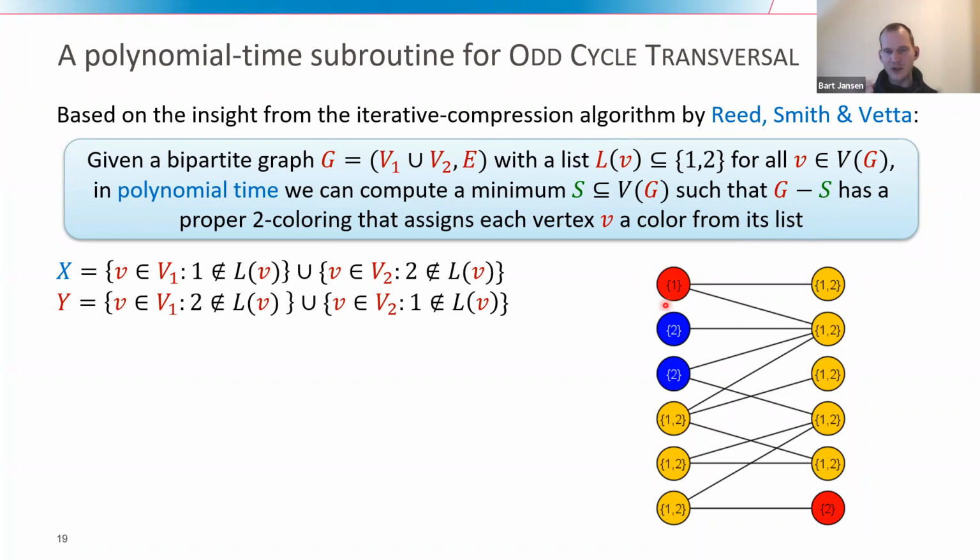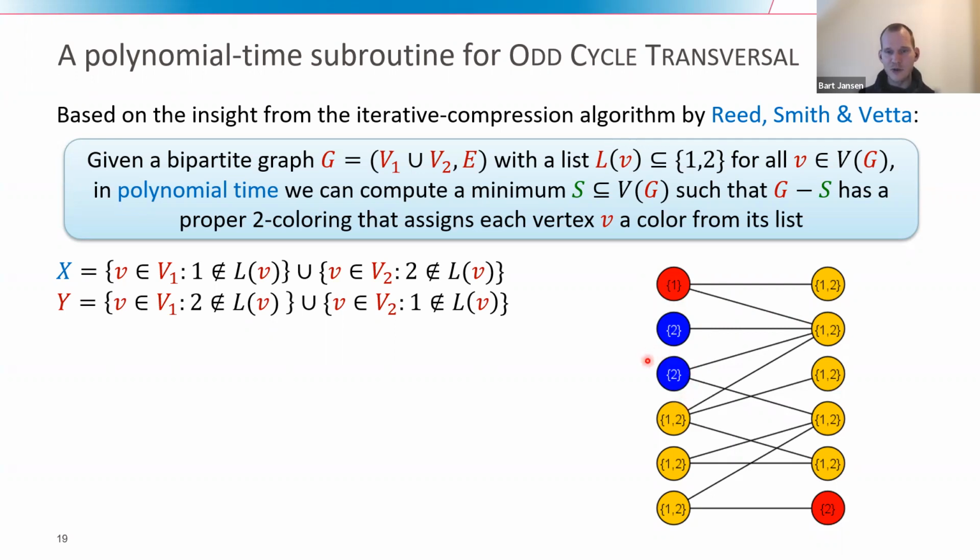Because within one connected component, as soon as you fix the color of one vertex, this will propagate to also imply what the coloring of all the others will be. In particular, if these two vertices both appear on the left, there is an even length path between them, which means they should get the same color in any 2-coloring. So if they're forced to opposite colors, then any solution will have to separate them.